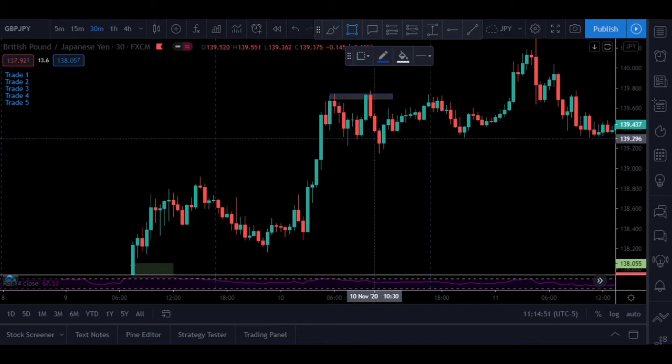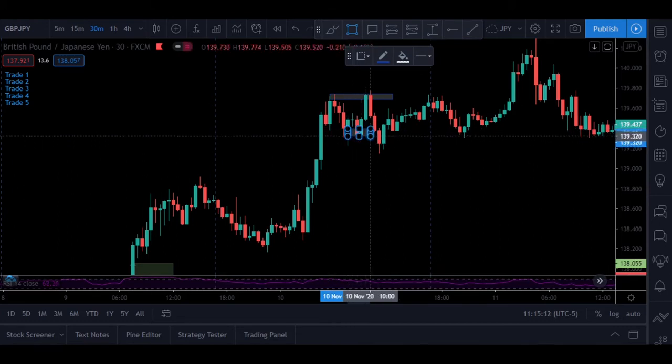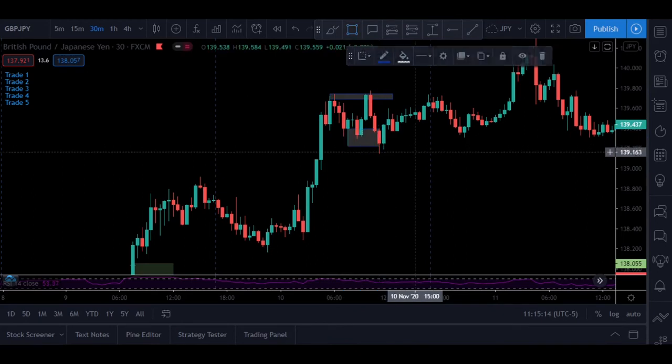So we're gonna try to find bullish buying opportunities. Guys, this candle left this demand. Wicks, just think about them as liquidity. So what does this mean, guys? This candle left this zone.